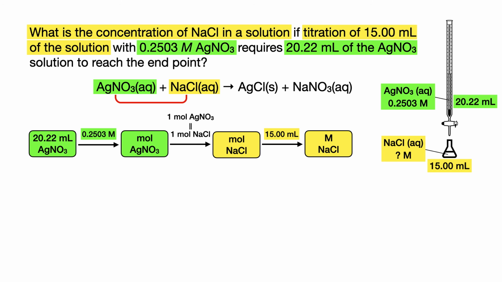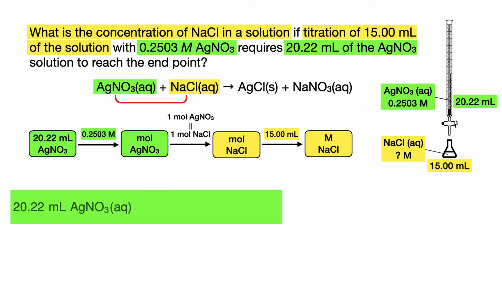Okay, so I'm going to start off with the part of the calculation concerned with the silver nitrate. And so I'll continue using the green highlighter for this. We've got 20.22 milliliters of silver nitrate. And then I'm going to want to work out the number of moles. And since I've got a molar concentration, that's moles per liter, I first need to convert this into liters.